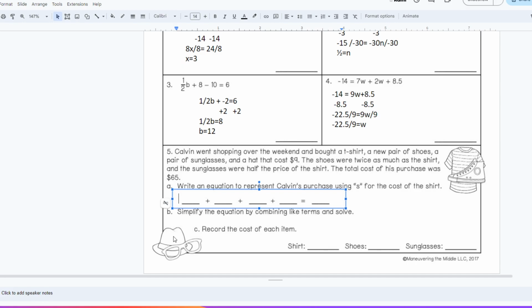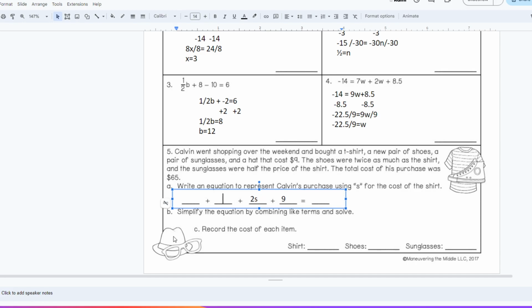So it says the hat cost $9, so we're going to put in that flat 9. It says the shoes were twice as much as the shirt. So 2 times the shirt size. That takes care of the shoes. And then it says the sunglasses were half as much as the shirt.